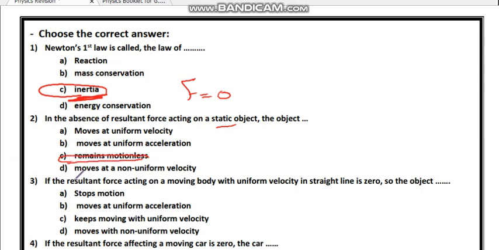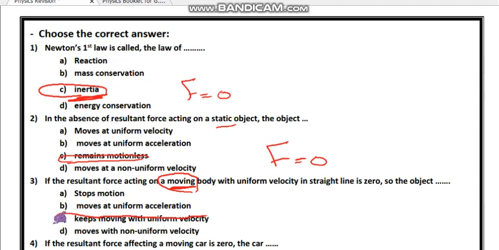Number three, if the resultant force acting on a body moving with uniform velocity in a straight line is zero, the body will be in the same state. This body was moving, so it will keep moving with uniform velocity.